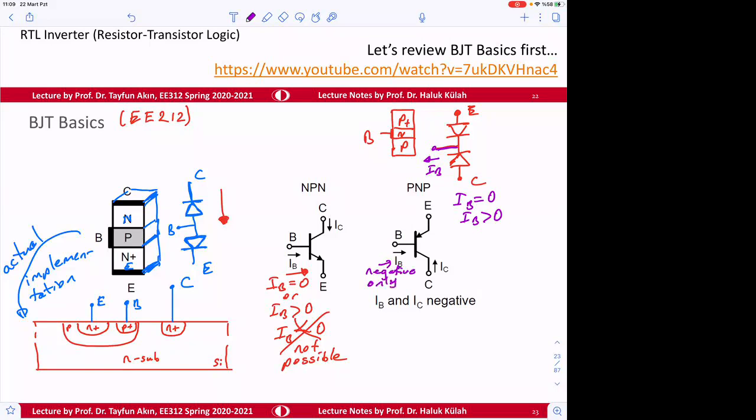Okay, if the direction is like this, normally it should be like this. And the direction of the current is in this direction, from the highly doped region down.